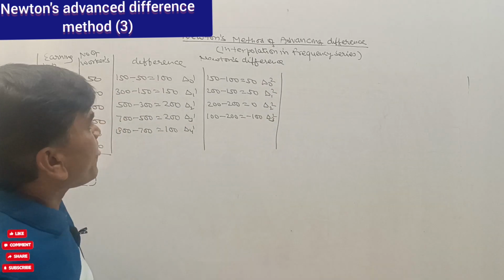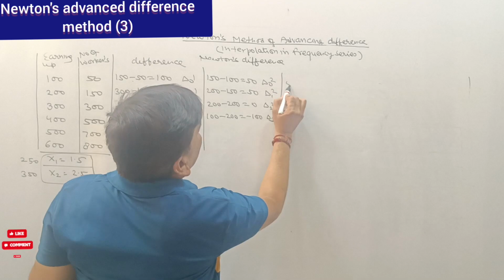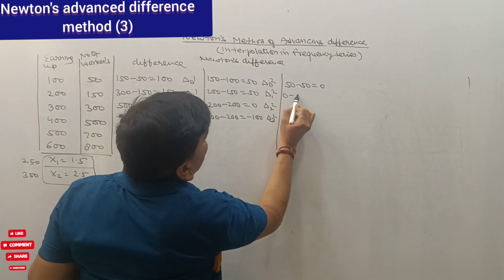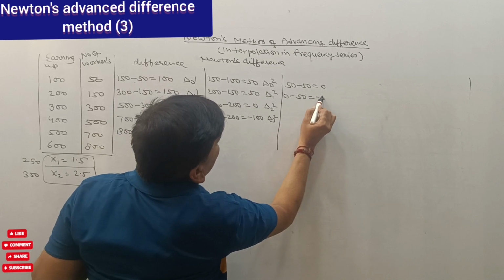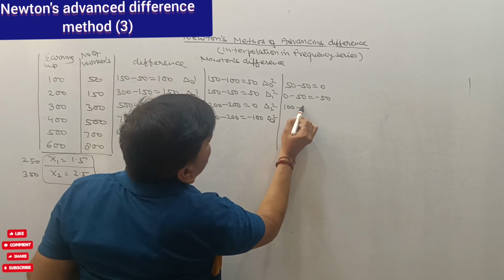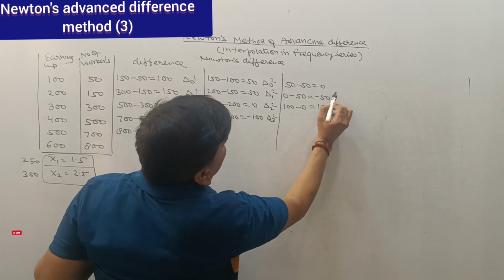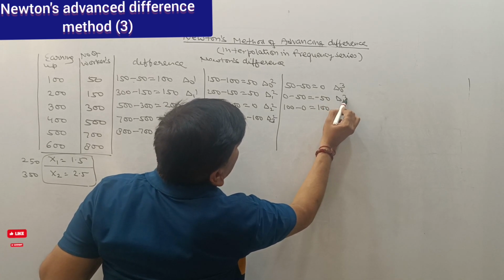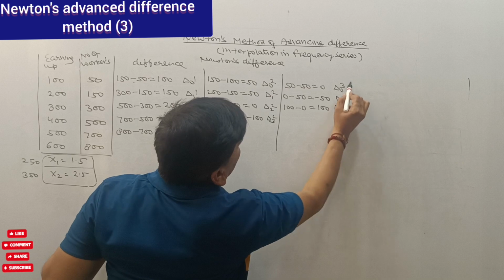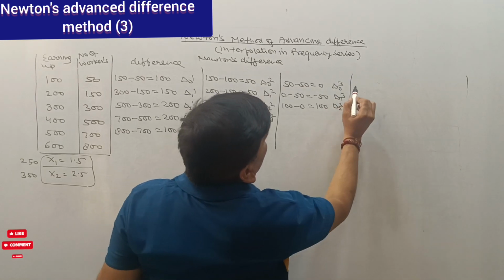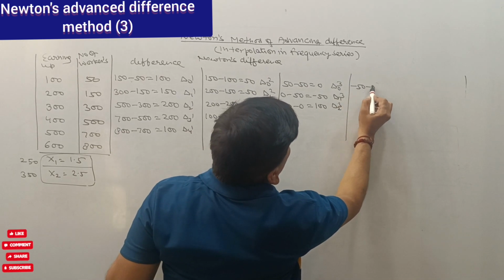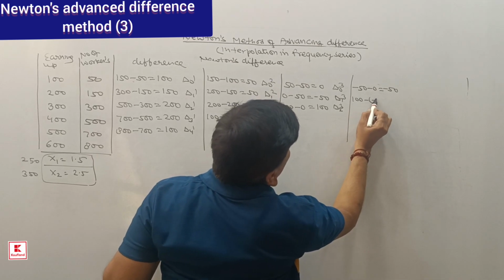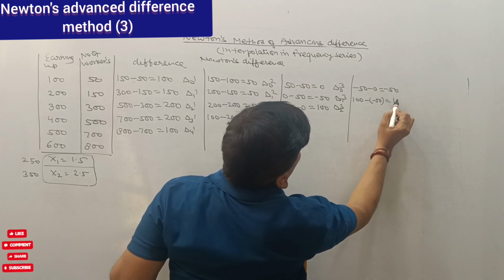Again the difference: 50 minus 50, that is 0. 0 minus 50, that is minus 50. 100 minus 0, that is 100. So that is delta 03, delta 13, delta 23. Then minus 50 minus 0, that is minus 50. 100 minus 50, that is 150.